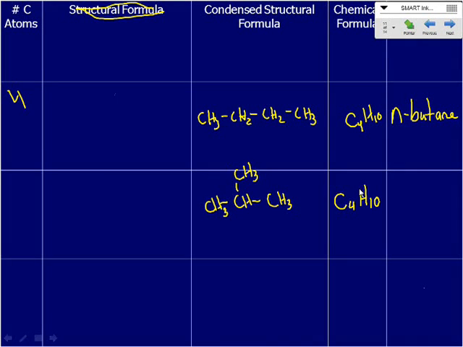Very nice. What we've encountered is an example of what is called a structural isomer. I've got a definition for isomers on the next page, but isomers are when you have 2 molecules that have the same chemical formula but different structural formulas. They are actually different chemicals.